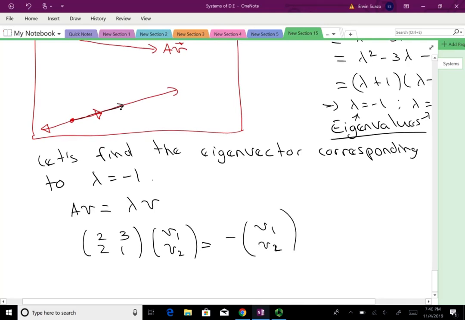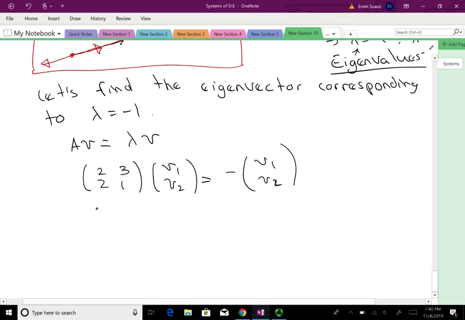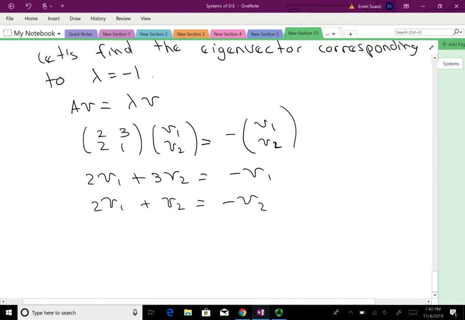When you multiply this, you get 2B1 plus 3B2 equals minus B1, and 2B1 plus B2 equals minus B2. So I get 3B1 plus 3B2 equals 0, and 2B1 plus 2B2 equals 0.